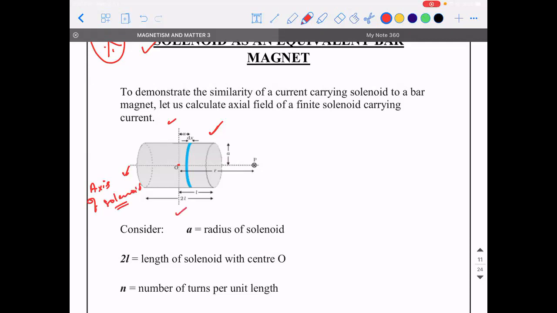Let the length of the solenoid be 2L, and with respect to point O, the solenoid is broken into 2 equal parts of length L and L. Let the radius of the solenoid be A, and the distance from the center to the point where the field is to be calculated is R.